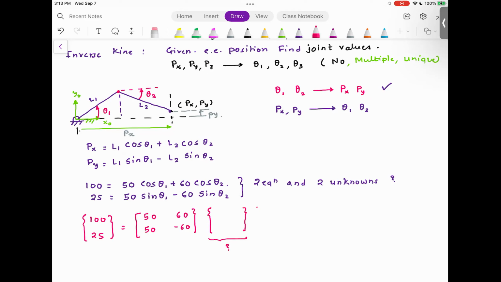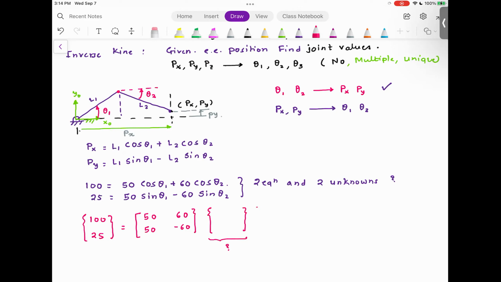What that means is I cannot use any algebraic manipulation or simple linear algebra to solve this problem. The trick that is used here is something like this. And I'm going to tell you the trick, but there is an easier way of solving this problem.